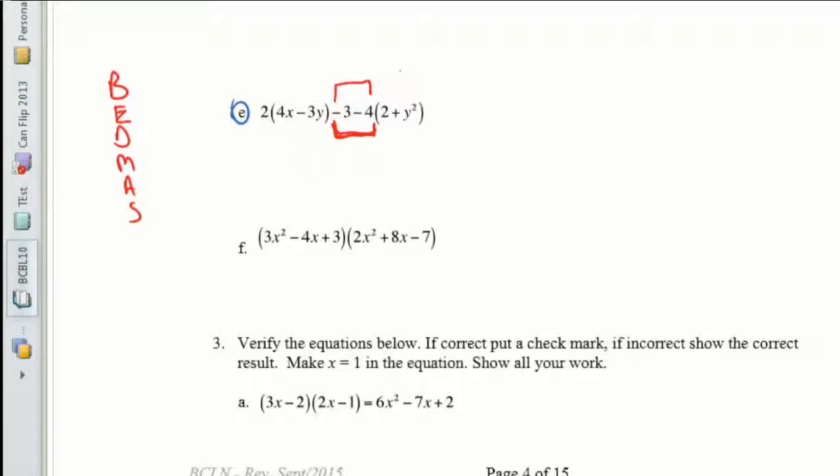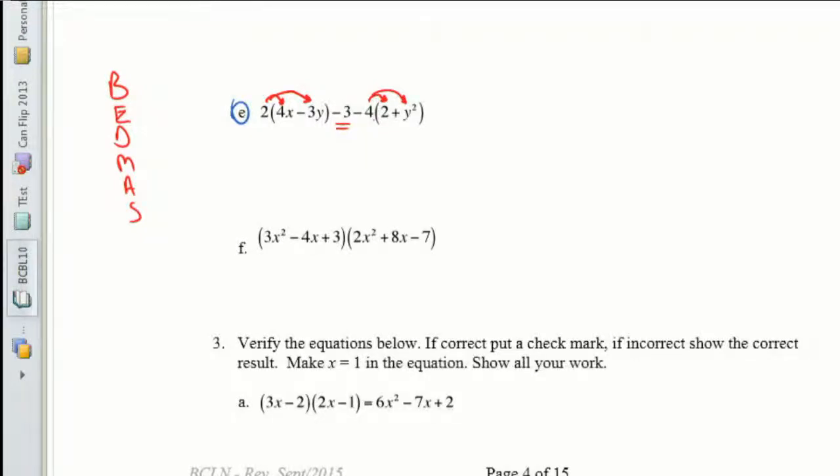But I'm thinking that we can't do that because we need to do our multiplication before we can do our addition and subtraction. Part of me is saying that's wrong. I'm really curious to see how this works out. We're going to multiply the 2 through the bracket here, and then what I'm going to do is multiply the -4 through the bracket here. And then I'm just going to bring the -3 down, and we'll see kind of what happens with that.